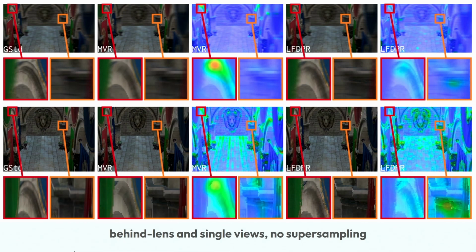On the left is the standard view, the next two columns to the right of it are multipass, and then the right two columns are our method. And you can see that in many cases we have less error. In particular, wherever you see for the MVR column some green or yellow, and we don't see it for us, we're doing better. But there are a few cases where we're a little bit worse.